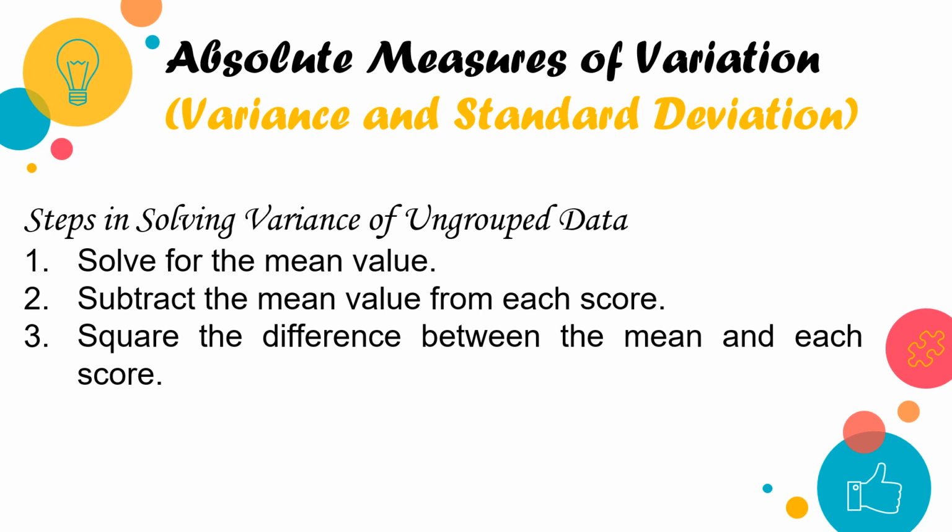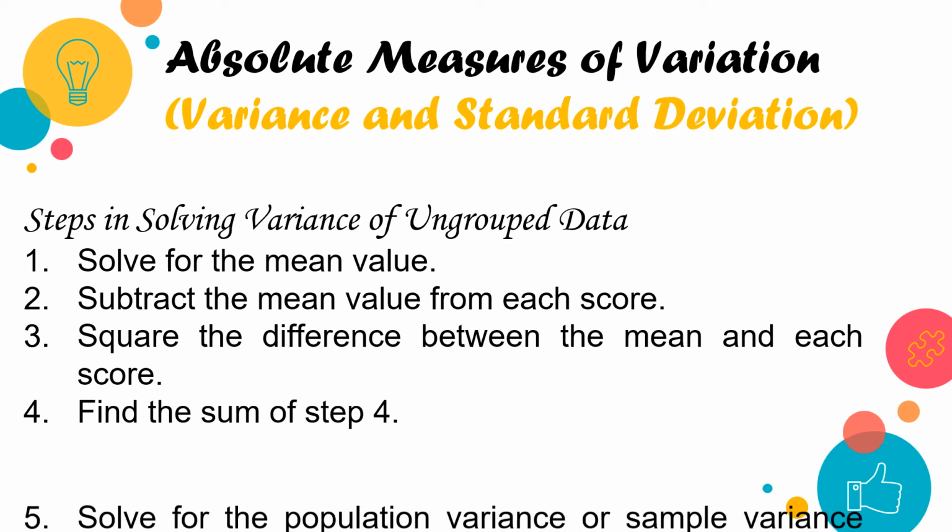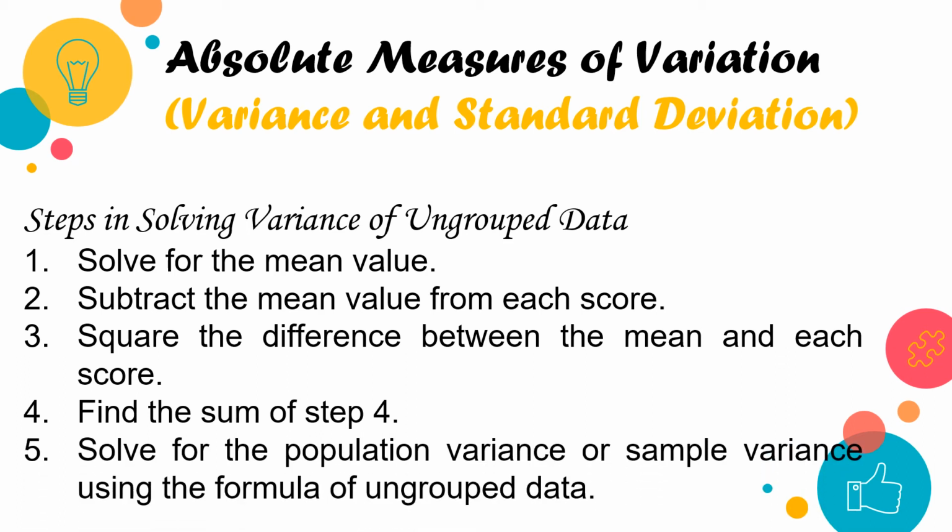Number three, square the difference between the mean and each score. Number four, find the sum of step three. And the last one would be to solve for the population variance or sample variance using the formula for ungrouped data. Let's look again at the formula that you are to use.